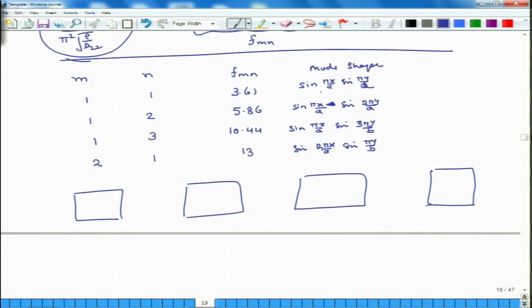So, if I have the first mode, if this is active, then x will be 0 on this line and x will be 0 on this line, because when, so this is suppose x axis and this is y axis, then x will be 0 at x is equal to 0 and x will be 0 at x is equal to a.